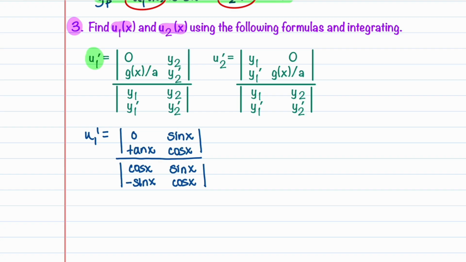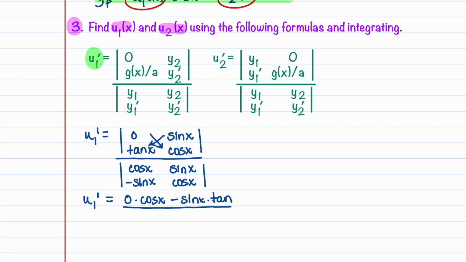Let's go ahead and find what this equals, and we'll worry about u2 prime in a minute. We're going to evaluate the top matrix. To evaluate a 2 by 2 matrix, you multiply the main diagonal elements and then subtract off the off-diagonal elements. So we have 0 times cosine x minus sine x times tangent x. And then we do that same thing for the denominator.